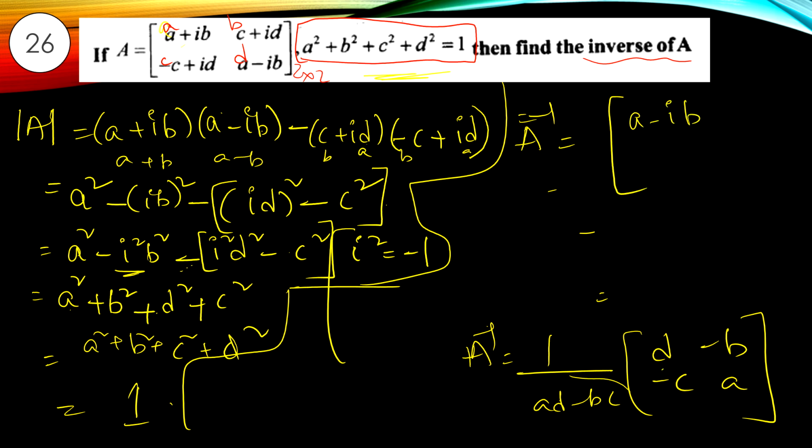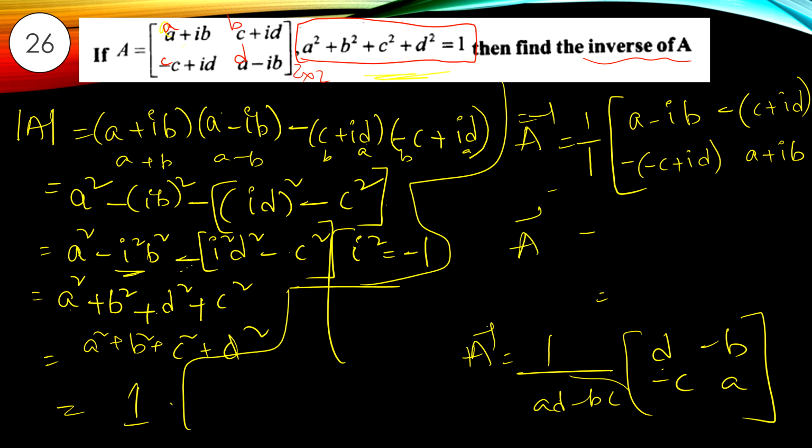So minus b means minus of c plus i d, and here minus c means minus of minus c plus id, and here a is a plus ib. And here det a is ad minus bc, whose value is 1, right? So 1 by 1 we can take, anyhow we will get 1 only as the determinant.